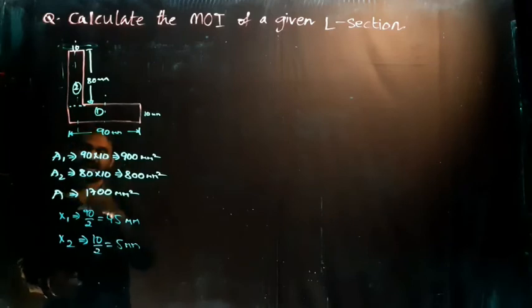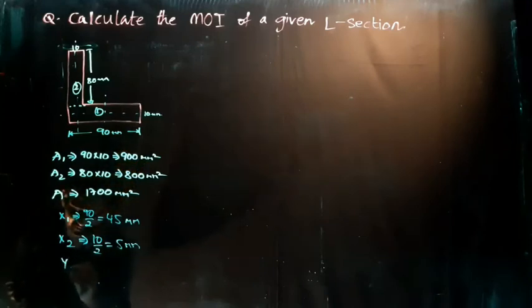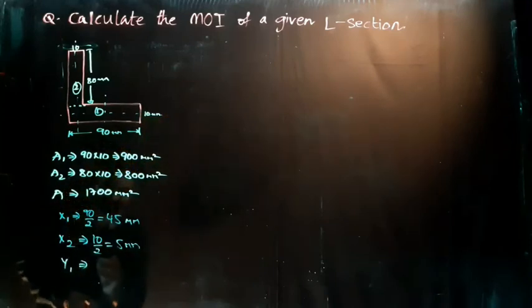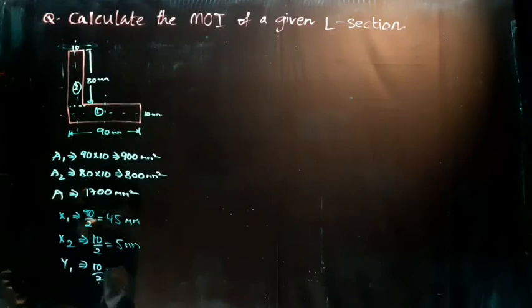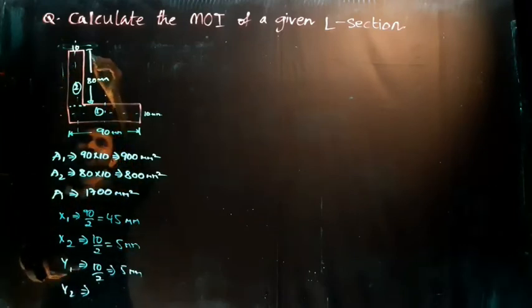And similarly, I have to calculate y1 also. When I want to calculate y, I have to cut in the horizontal direction, as I said earlier. So y1 equal to 10 by 2, which is equal to 5 mm. And y2, again I have to cut it in the horizontal direction.